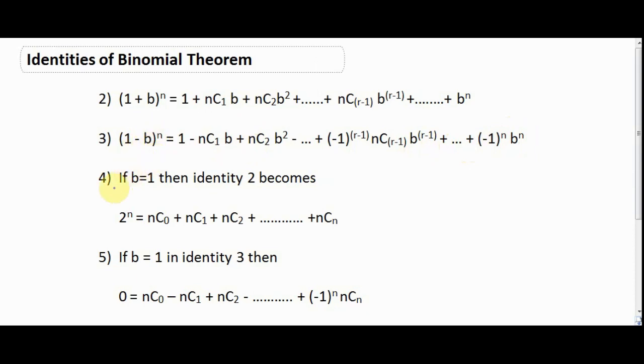Okay, now if b is equal to 1, then identity 2 becomes, if you substitute b equal to 1 in identity 2, what we get on the left hand side will be 1 plus 1, that is 2 raised to n. So on the left hand side we will get 2 raised to n equal to, if you replace b with 1 on the right hand side, 1 plus nC1 plus nC2 plus etc. plus 1.